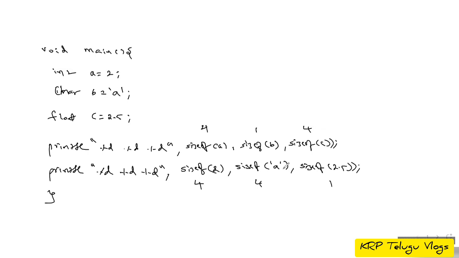It should be 1. I am not giving a value; if I give a value like a, it is okay, integer it will take. But I have given character a.